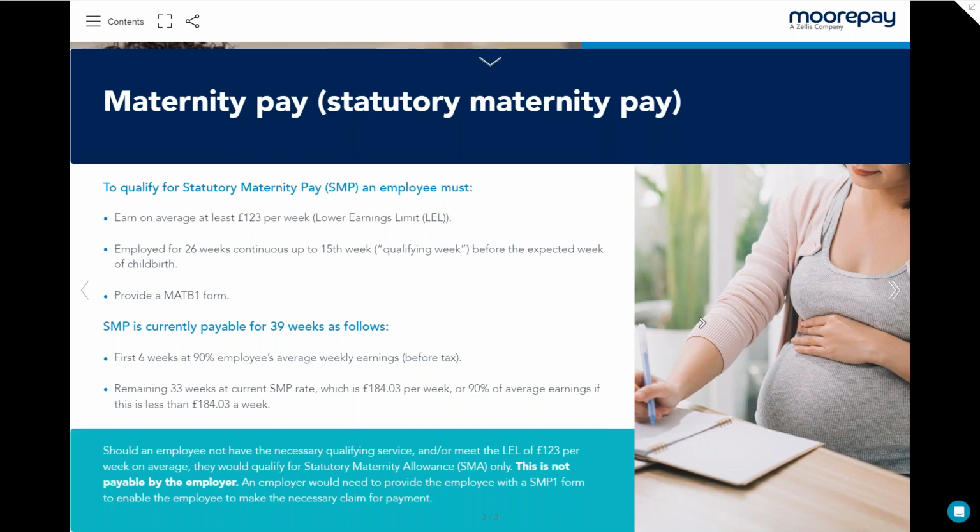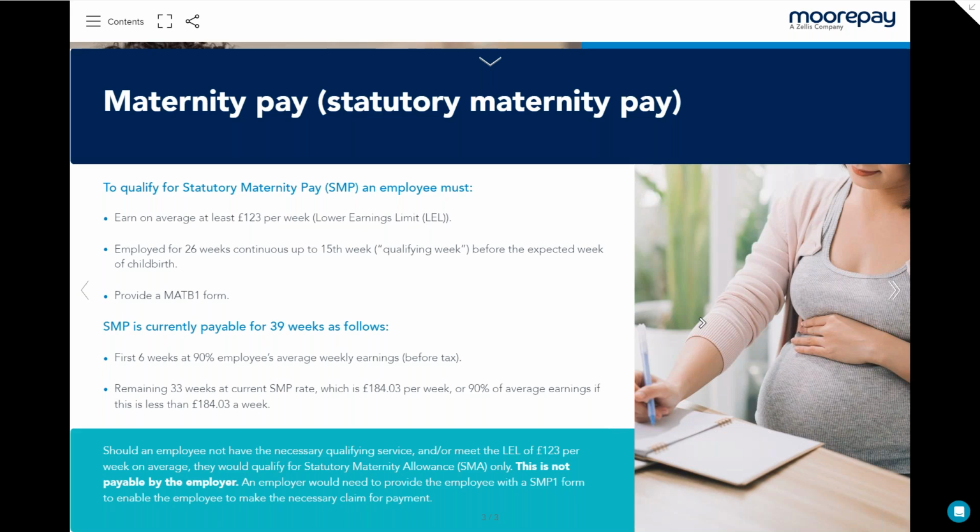Now, if the employee doesn't qualify for any of this, then what we have to do legally as an employer is issue what they call an SMP1 form, and we would take a copy of the MAT-B1, keep the copy for ourselves, and give the original back to the employee with the form so that they could go and claim maternity allowance from the government.